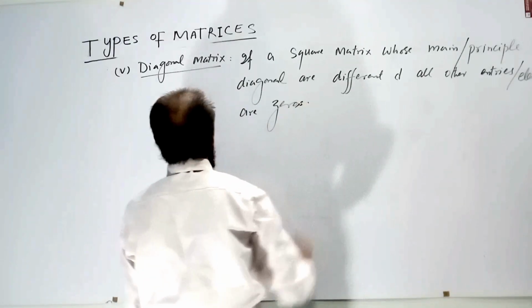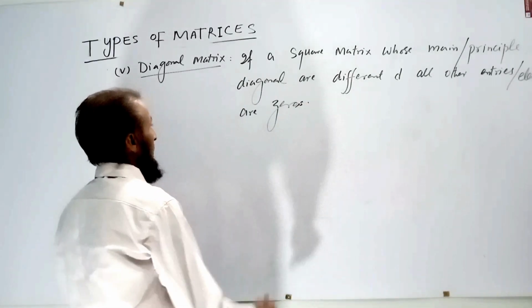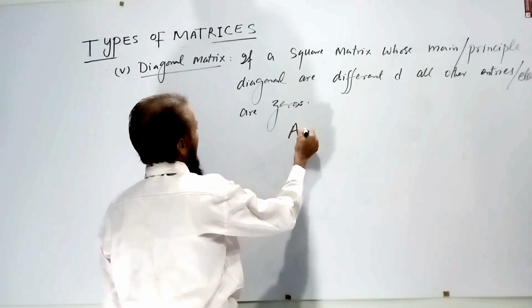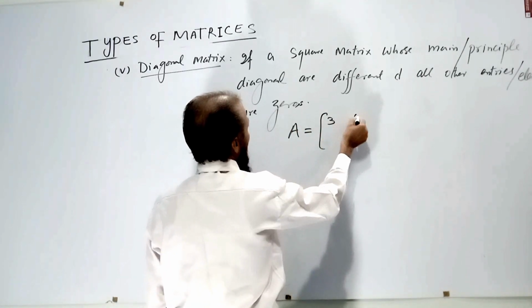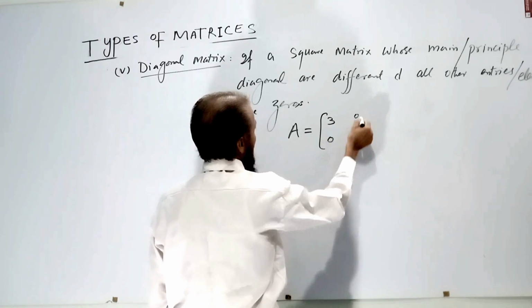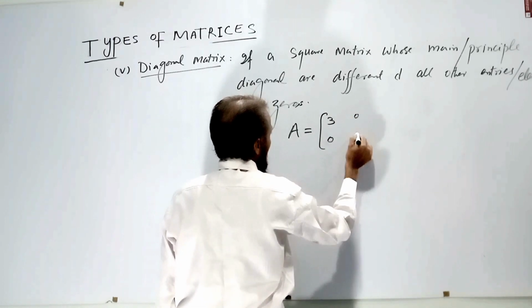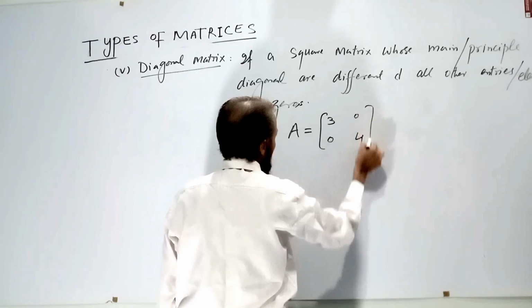That is called a diagonal matrix. For example, we can write A is any square matrix whose diagonals are different. Here they are the same, but here we can write 3.